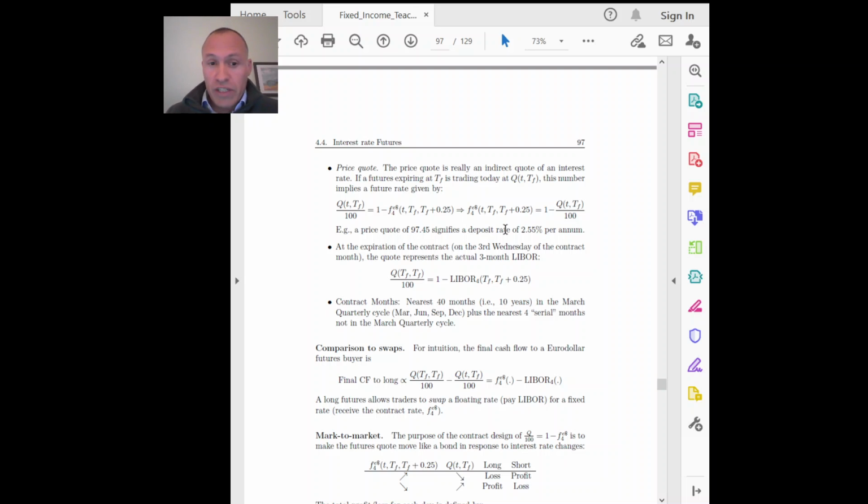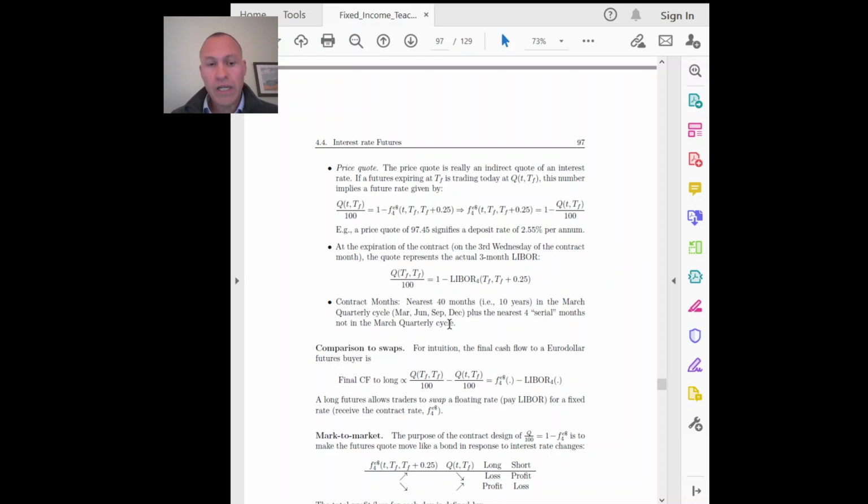At the expiration date of the contract, the quote is the actual LIBOR that you observe on the market. So this equation that you see here is using the actual LIBOR. The quote converges to what is implied by the LIBOR that you actually see in the market.